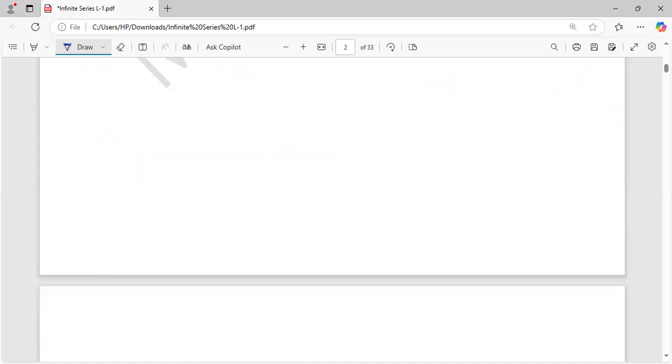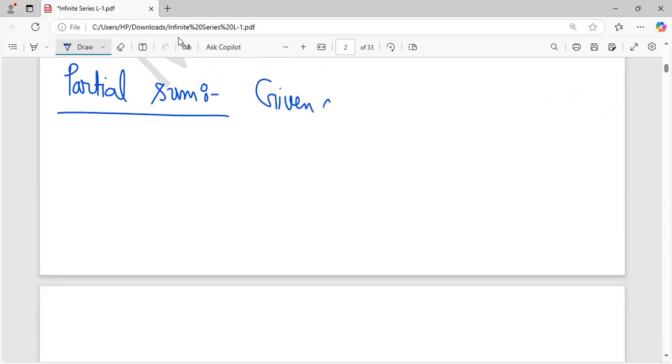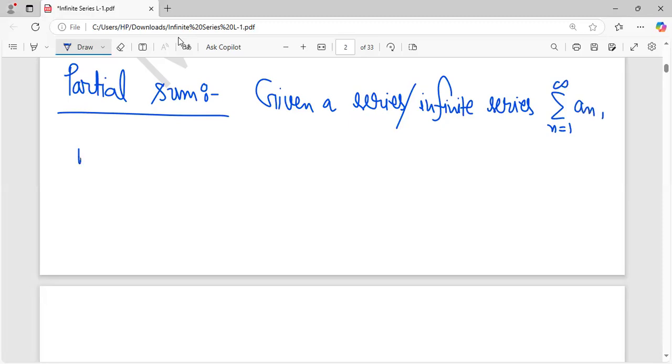What is partial sum? Given a series, or you can say infinite series, because series means infinite series, summation n goes to 1 to infinity an, we write Sn is equal to summation m goes to 1 to n am.